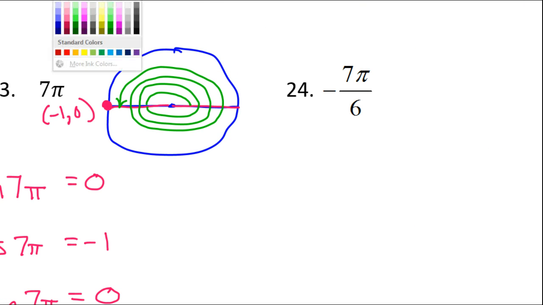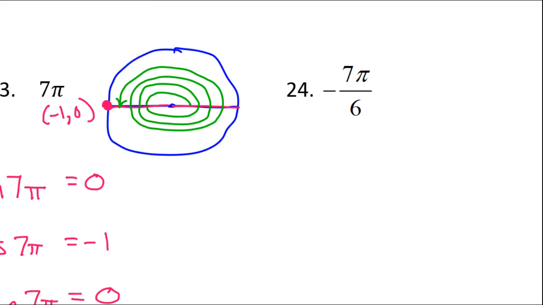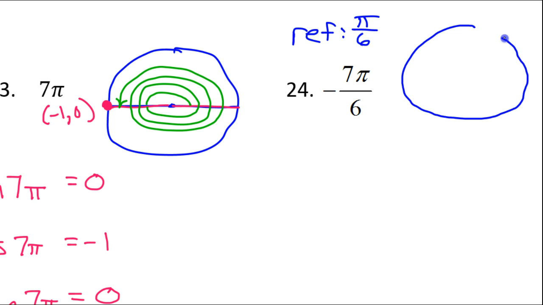So let's draw one more picture. Again, the reference angle, we're back to reference angles again. The reference angle is pi over 6. So therefore, let's draw some of those.